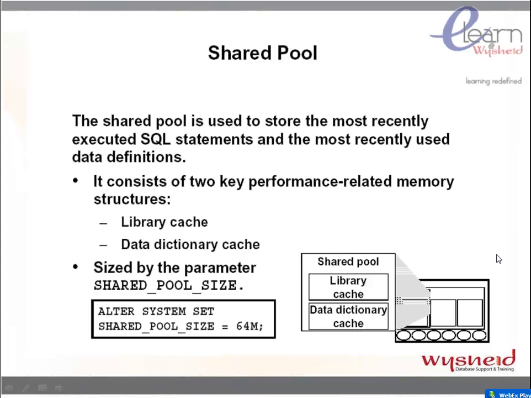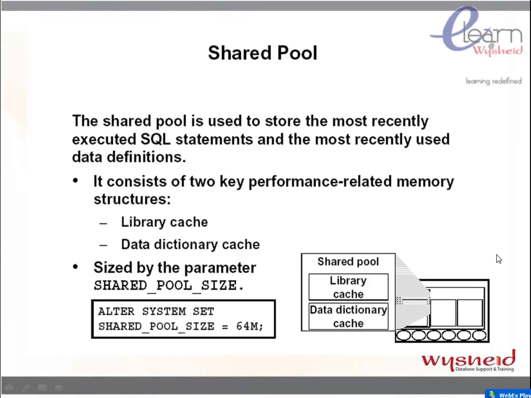Once the SQL is converted into a hash value, that process takes place in the library cache. The parsing stage takes place in the library cache. Now, for that to work, Oracle has to check whether the user has the permissions, and what objects he is referring to. So information about the database must be kept somewhere.